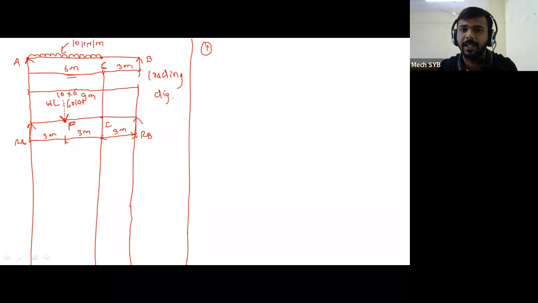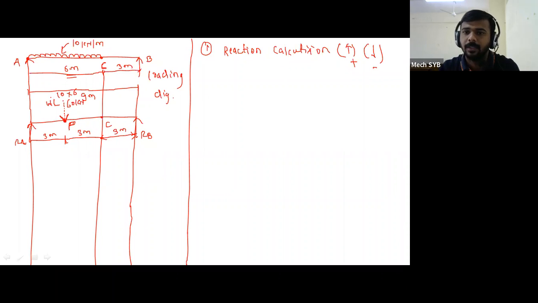Now first, reaction calculation. The forces which are moving upward are positive, and the forces moving downward are negative. Now summation of Fv is equal to 0.